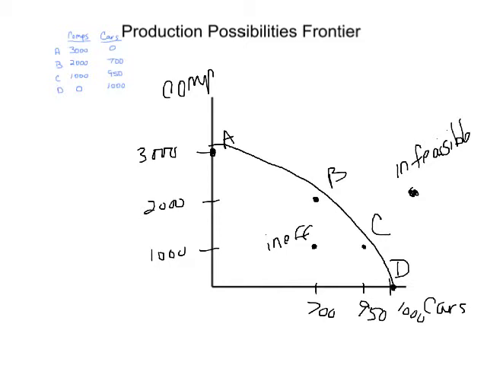Now, what about a situation where the curve has shifted out? So this means that one of our assumptions about resources has changed, or technology. They have an increased set of resources, or they have new technology that has allowed that whole curve to shift out.